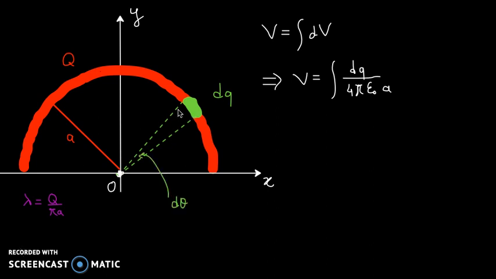The width of this element dq is the arc length, the arc length subtended by the angle d theta. The arc length formula is basically the subtended angle times the radius of curvature. So this width here is equal to a times d theta.